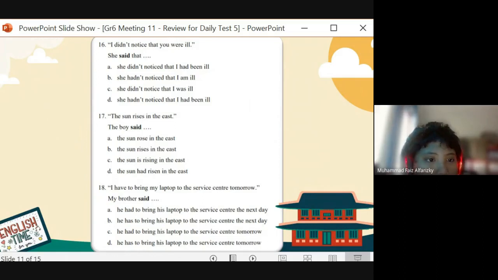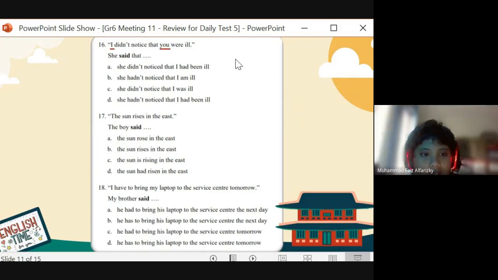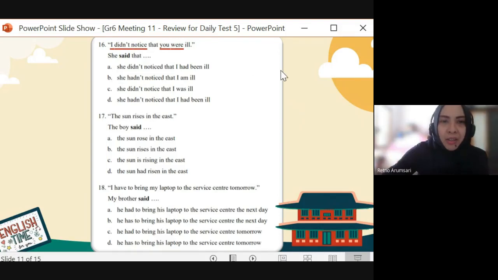She said that she didn't notice that I've been ill. Almost, Faiz. You change I into she, right? And you also need to change didn't notice. She hadn't noticed that I had been ill. Yes, that's right.